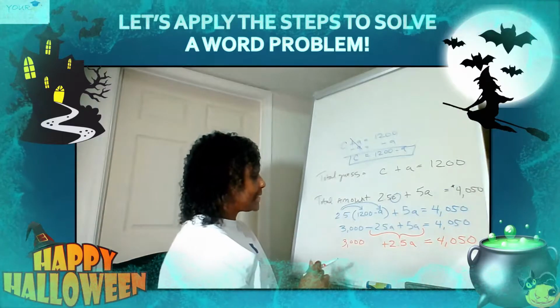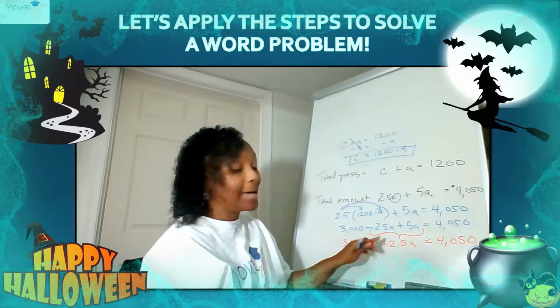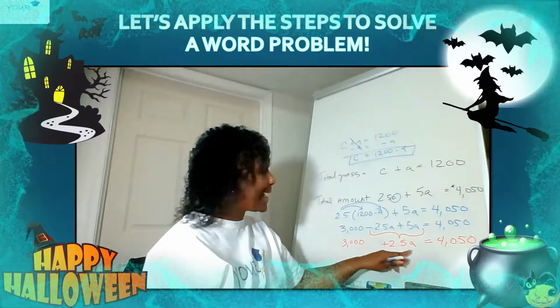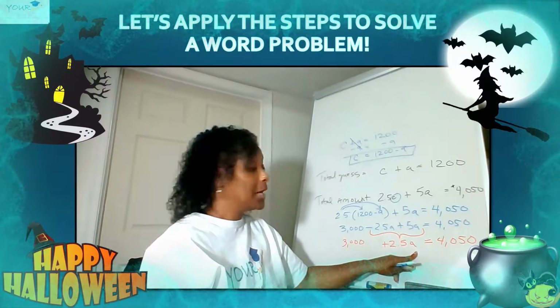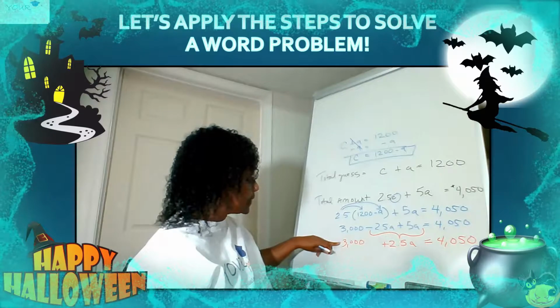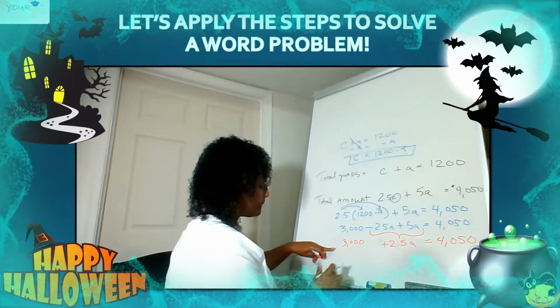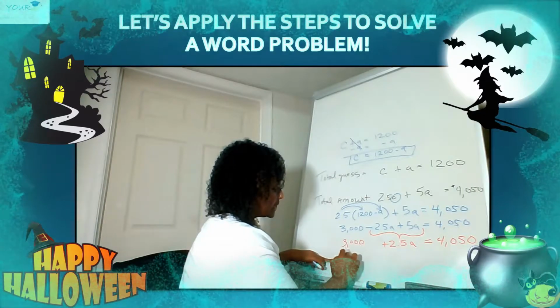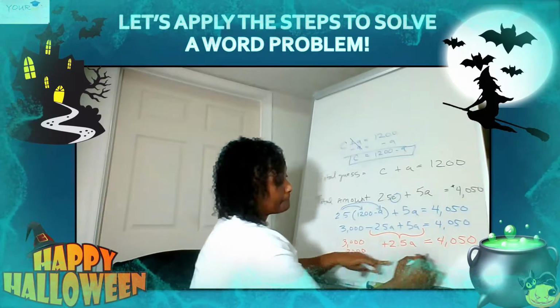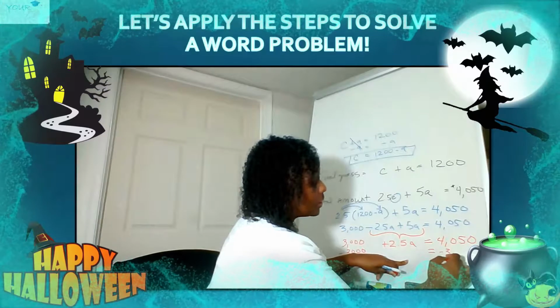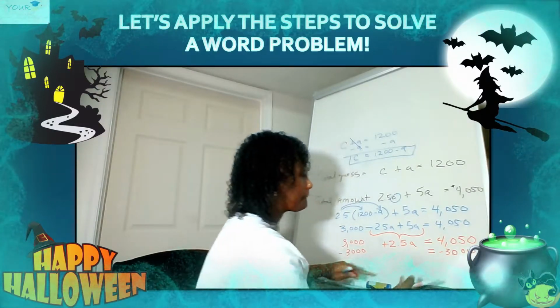So now I know that I need to isolate my A because I'm solving for A. So the first thing I need to do is get rid of this 3,000, okay? And I can do that by minusing out 3,000 on both sides, because what I do on one side, I must also do on the other side.